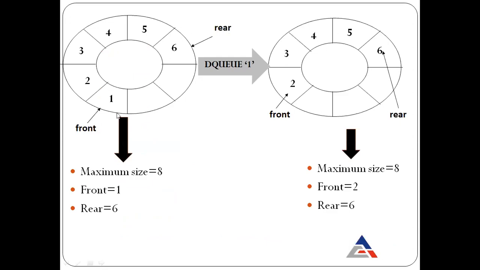How it works, this is the front, this is the rear, because in the queue whenever I want to delete an element, it always gets deleted from the front side. I remove the first element, it means second becomes the front and 6 remains as rear.